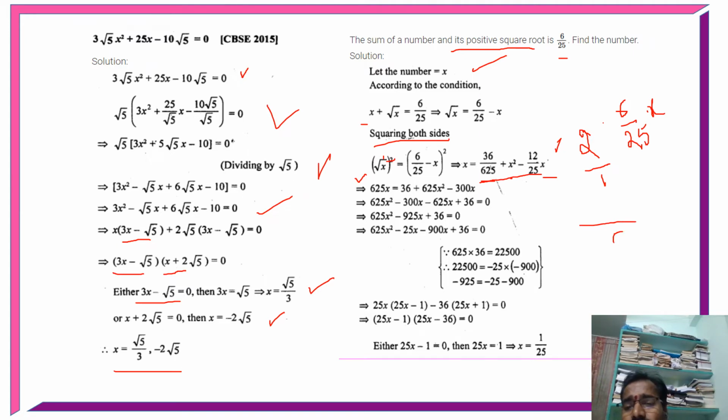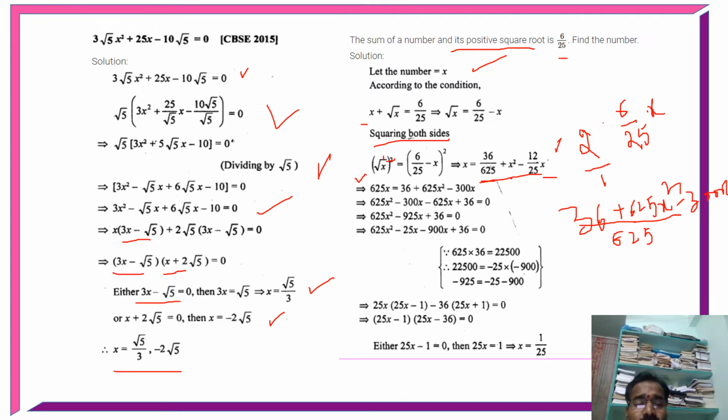See children, here 625 is the LCM. If we take 625 as LCM, 36 is left over, plus 625x square, and then minus 12 into 25, which is minus 300x. So this is the procedure we have to do.